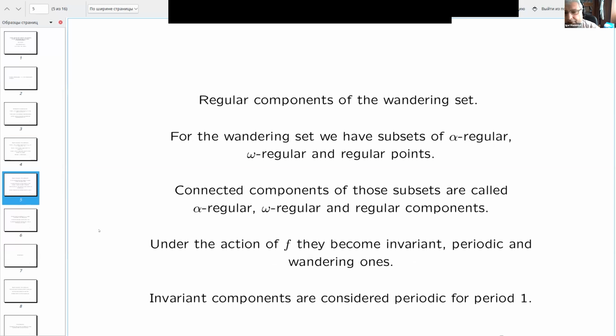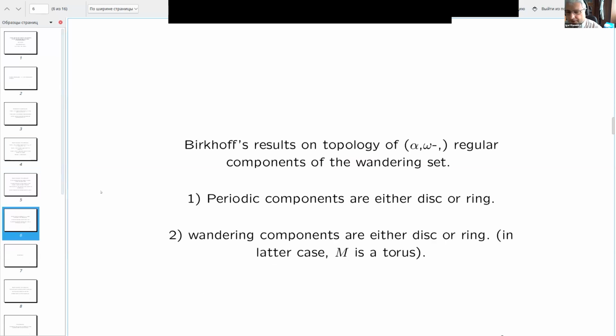So Birkhoff studied those sets of alpha regular, omega regular, and regular points, defined components as connected components of the corresponding sets, and he proved interesting theorems about the topology of those connected components.